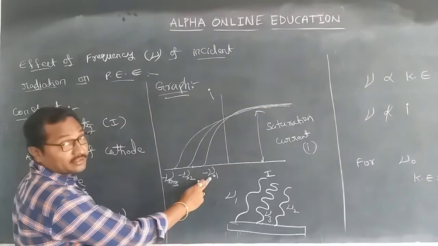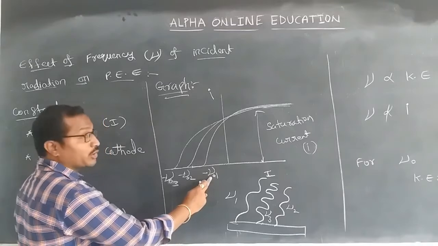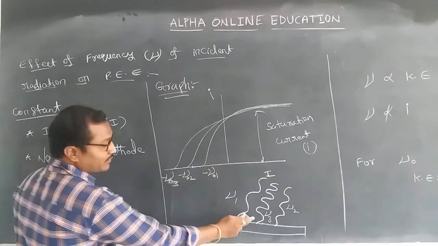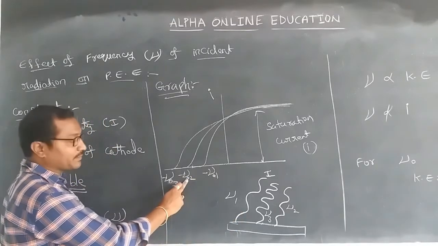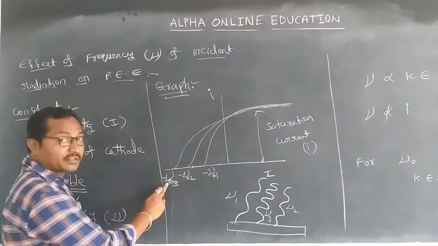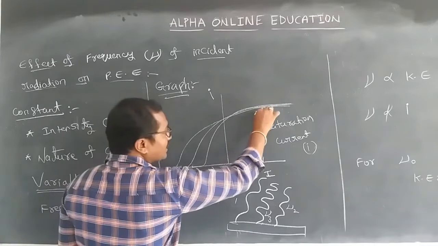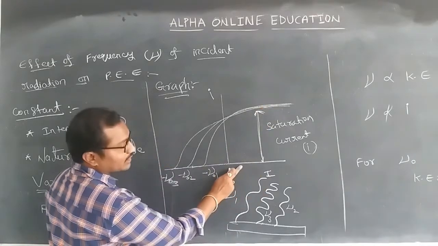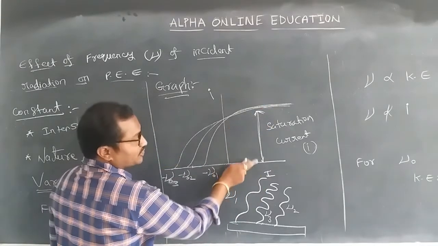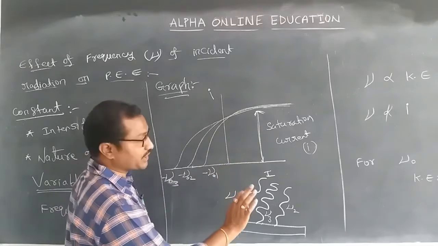The stopping potential, I mean this threshold frequency, is something, and for another frequency the threshold frequency is something else. But here, for the same type of material, the saturation current is going to be constant.